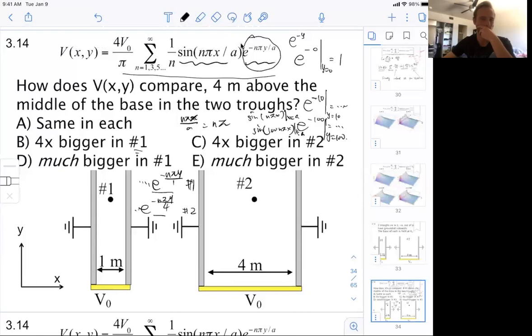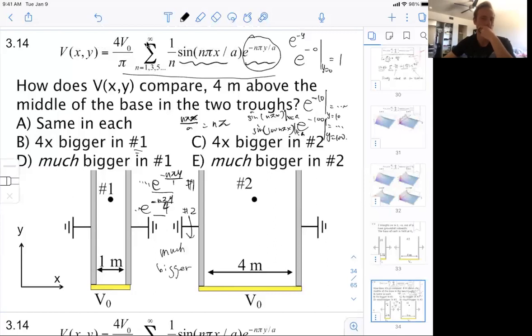Without the minus sign, 1 gives you the bigger value. With the minus sign, 1 gives you a much smaller value. In this case, it's divided by a bigger denominator with a minus sign, so 2 is much bigger.